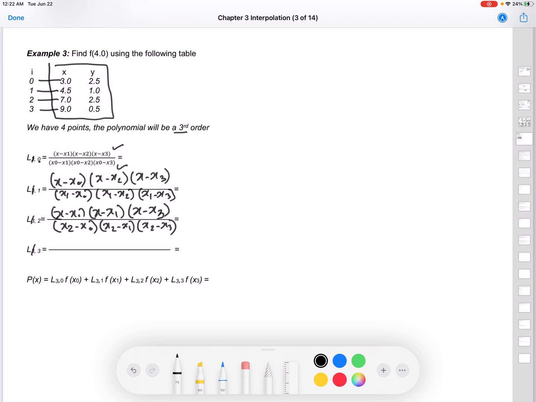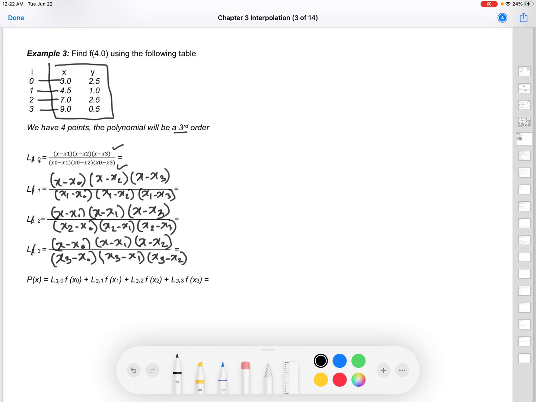Okay, then we are calculating L3. When we are calculating L3, x minus x0, x minus x1, x minus x2, and x minus x3 is not there, and everything will be subtracted from x3 in the bottom: x3 minus x0, x3 minus x1, x3 minus x2, right?